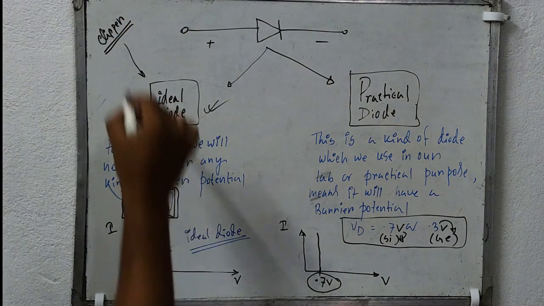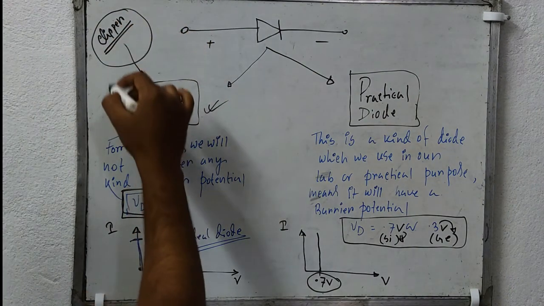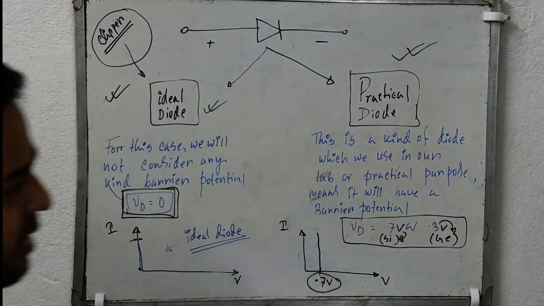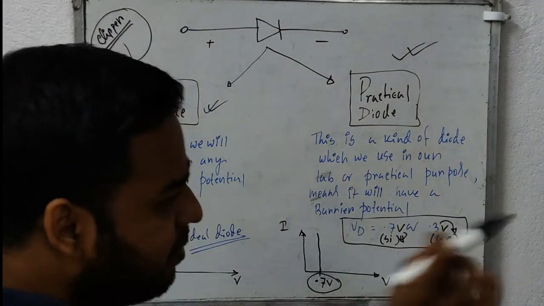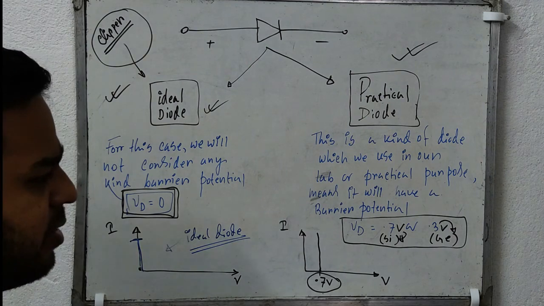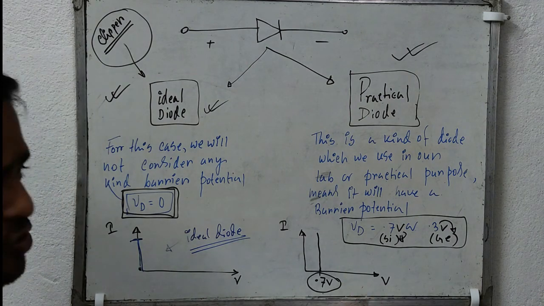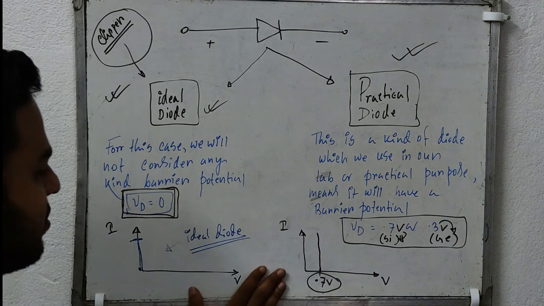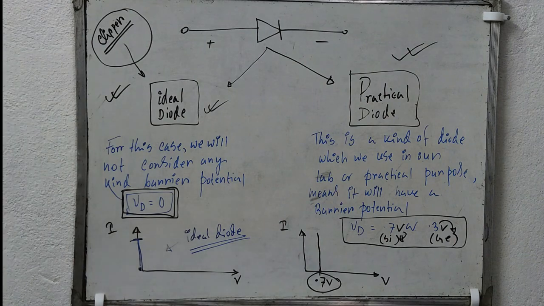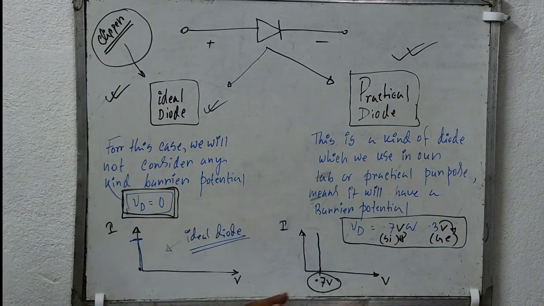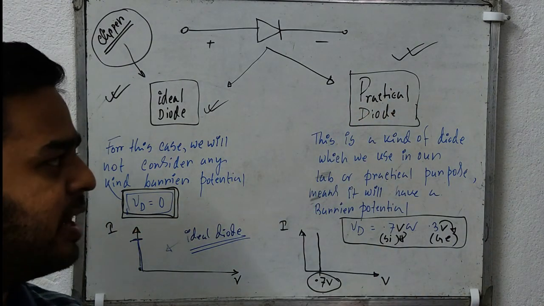When we complete all the clipper circuits with the help of the ideal diode, then we will go for the practical diode, which will simply give a 0.7 volt drop in the output. So that is all for this lecture. This is the ideal and practical diode, the simple basic idea of the diode that will help us in our coming session.